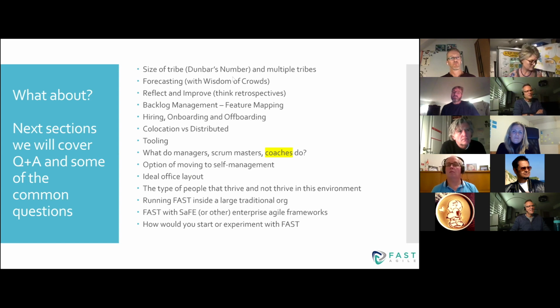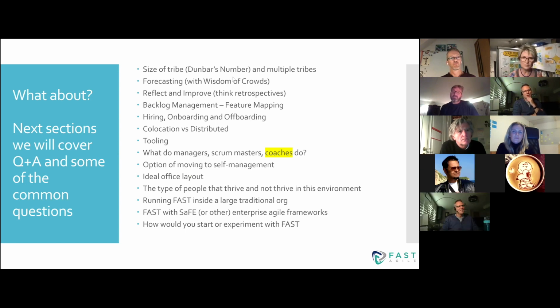And my answer to that is, if what they do is like 100% related to that product, because typically a tribe represents a product, or that project, then stick them in the tribe.